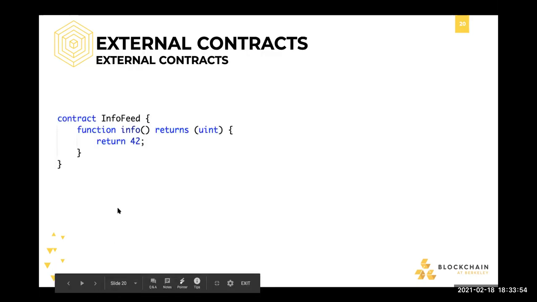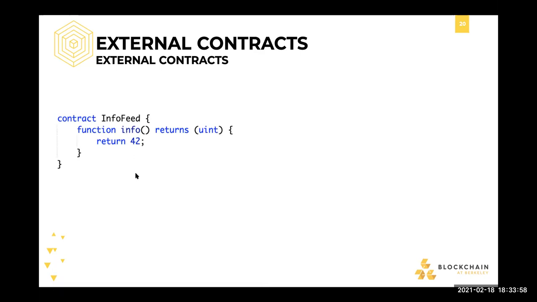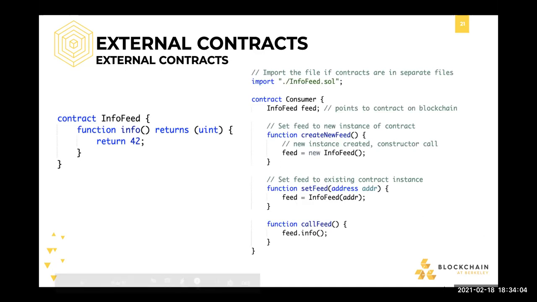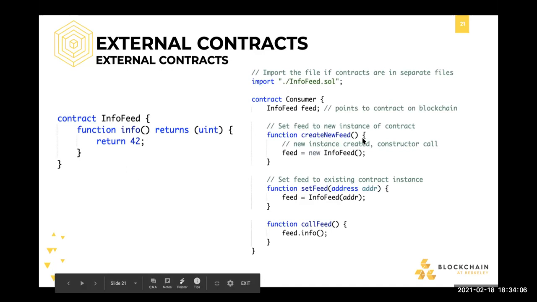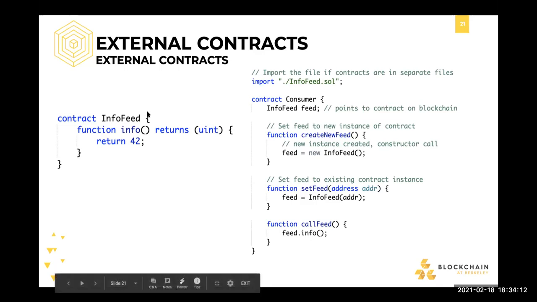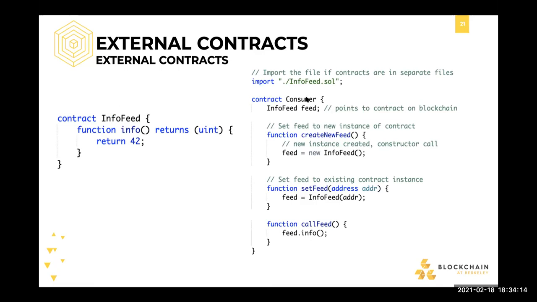So here's a simple contract. It just returns 42. And here is another contract. In this case, we are able to call info in InfoFeed from Consumer.